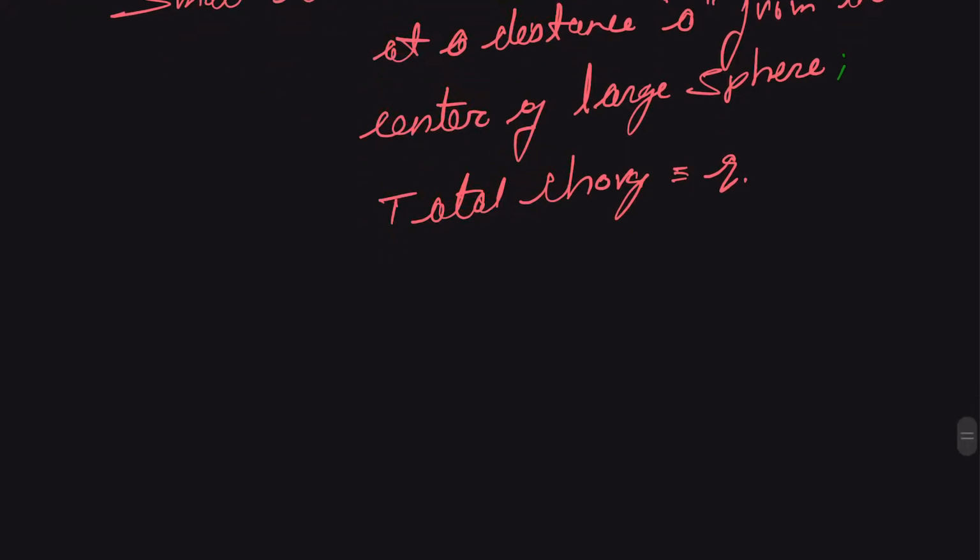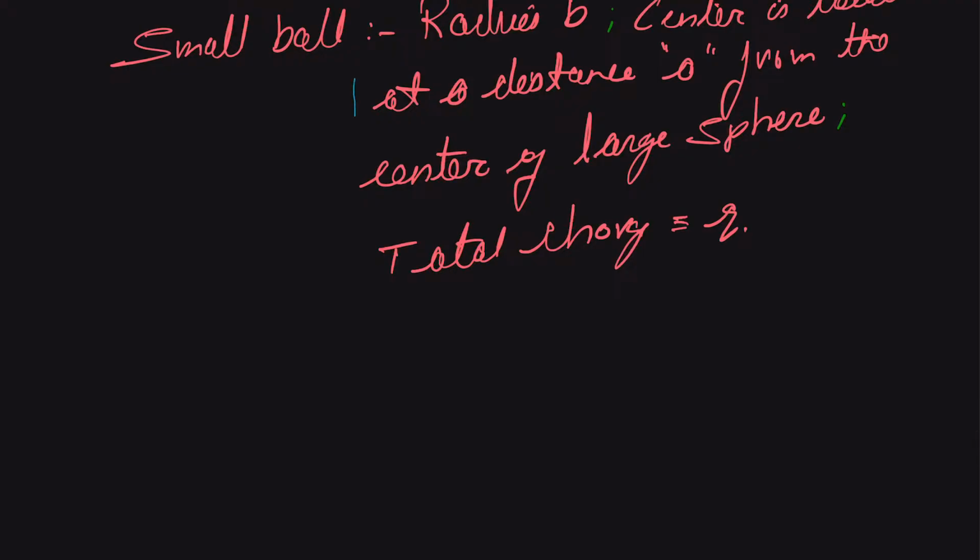In this case, it is not mentioned in the question, but we are indirectly given that the ball is entirely inside the sphere, so we are going to use that a plus b is less than r. Okay. So it means the ball is entirely inside the sphere.